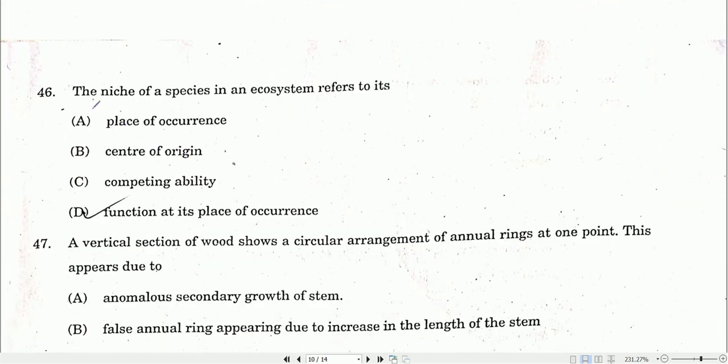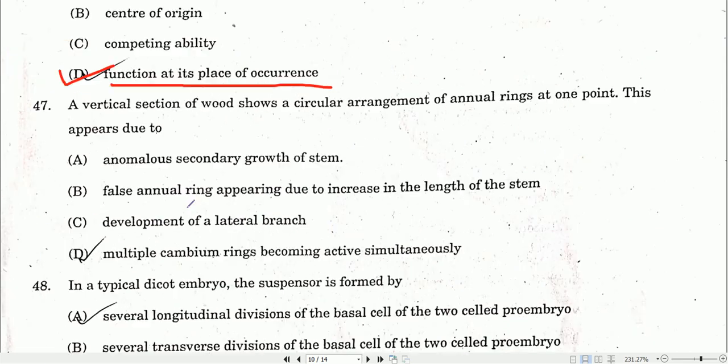Coming to question number 46, the niche of a species in an ecosystem refers to its function at its place of occurrence. So option D will be the correct one. Coming to question number 47, a vertical section of wood shows a circular arrangement of annual rings at one point. This appearance is due to the development of a lateral branch. So option C will be the correct one.